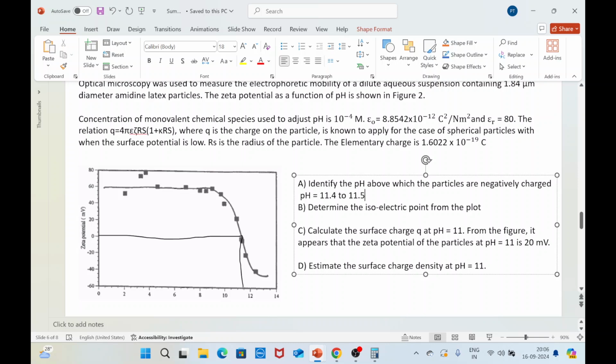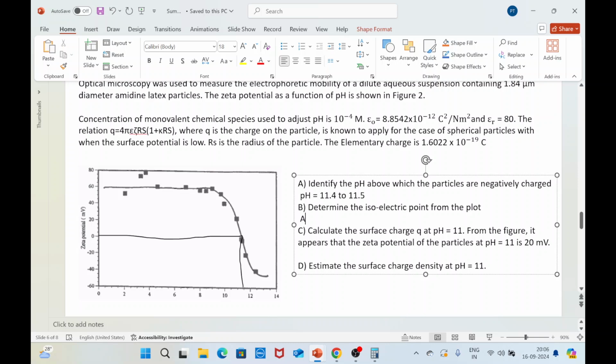Again, if you are interested, you are welcome to search for more about how this isoelectric point is used for protein purification, and what the protein purification process is. It's a beautiful process, so you are welcome to explore.